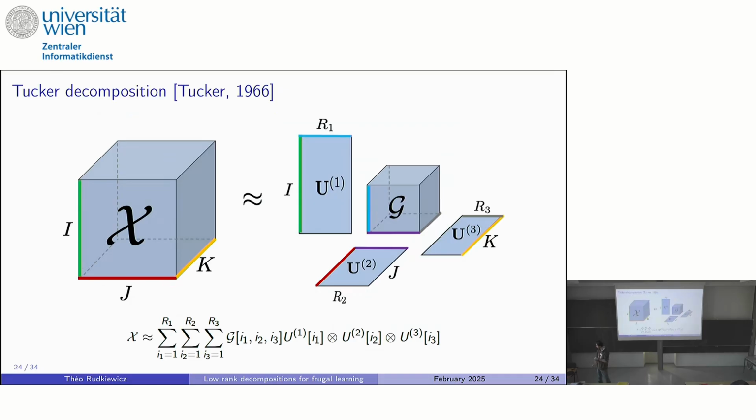Another way to do it is a Tucker convolution decomposition. So it's basically the same idea, but instead of having 1 singular value per rank, we have here different ranks, and for each possible product of singular vectors, we have a different singular value. So here we have a sum over all the different possible products of singular vectors.